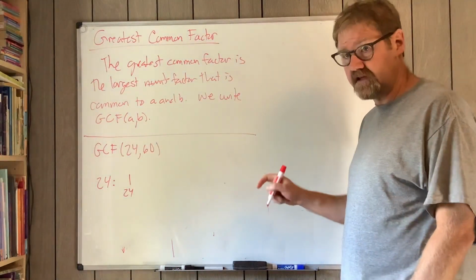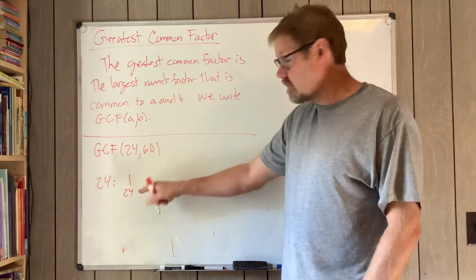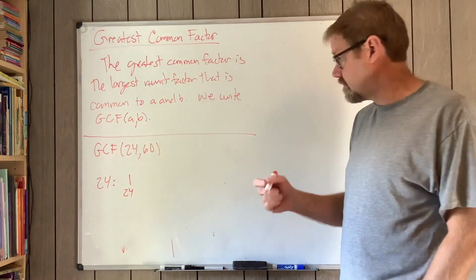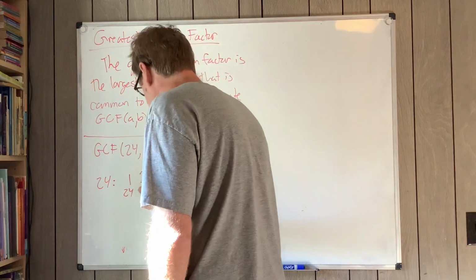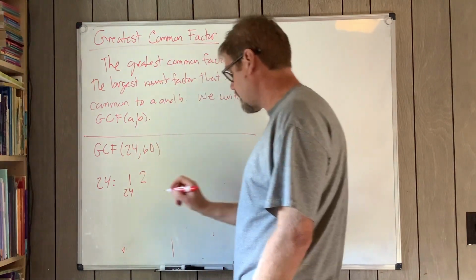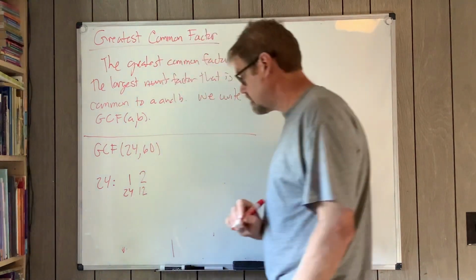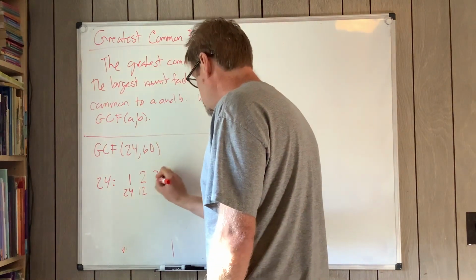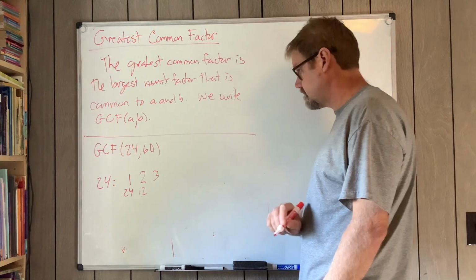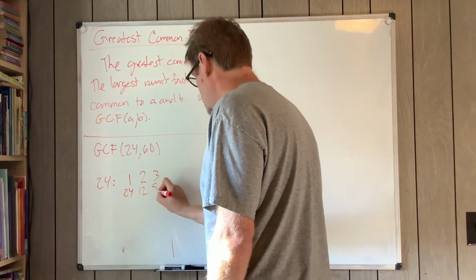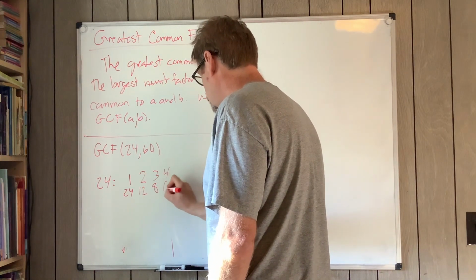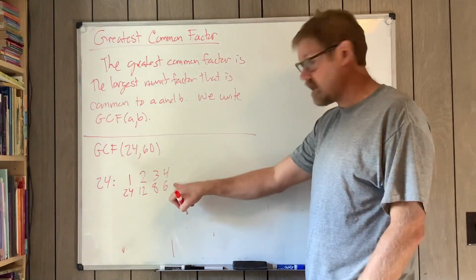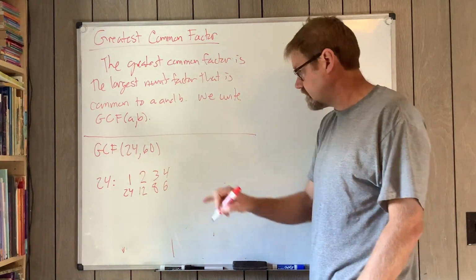You always get 1 and 24. That's true for every number. We know 2 is a factor, its other factor is 12. 3 goes into 24 8 times. 4 goes 6 times. And the only number between those is 5, which doesn't go in there.